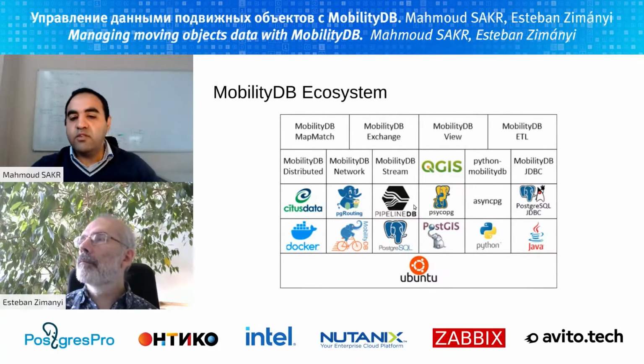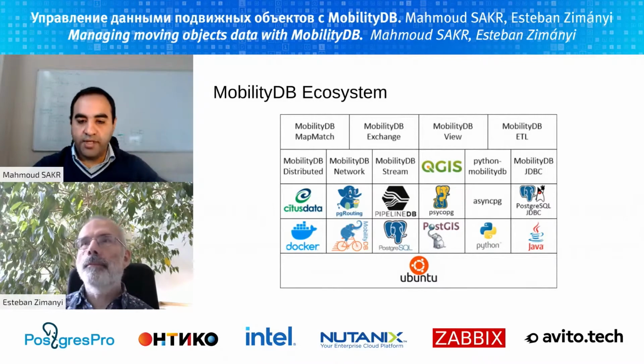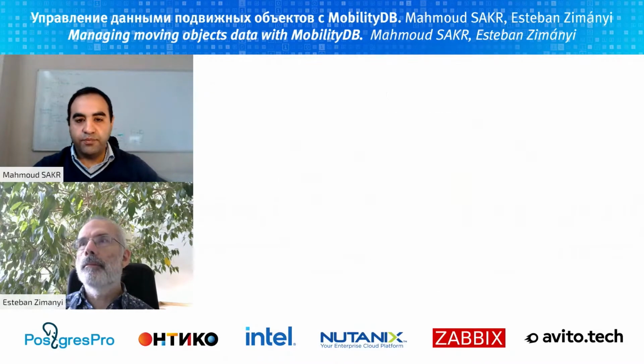We have done some tests with PipelineDB to support streaming. Of course, it builds on top of PostGIS. By default, it will be compatible with other extensions. And continuously, we are testing the integration with more and more extensions to see how compatible they are and how we can improve this integration.